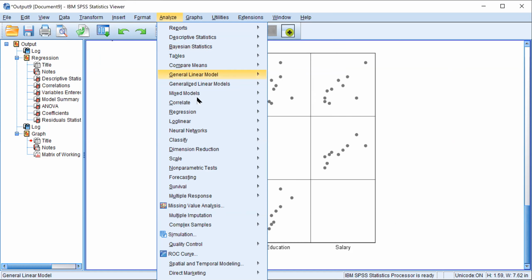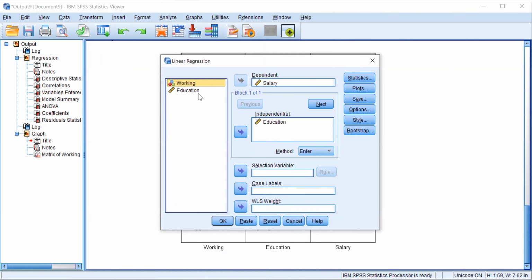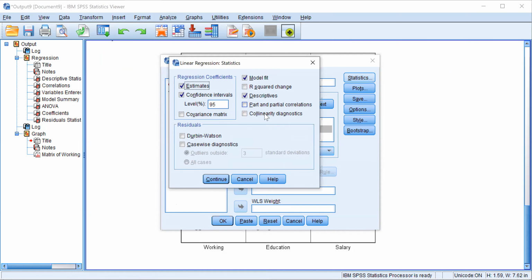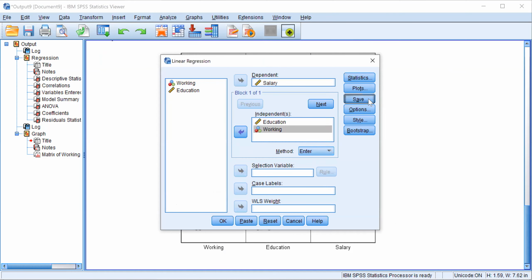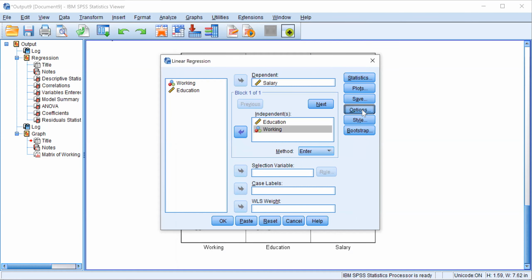So we go to Analyze, Regression, Linear, and we just add the working variable into the independent box. Let's check statistics. So this is good. Again, in the Save button, we can keep this checked to get the predicted value and also the residuals. Then continue, and the options.